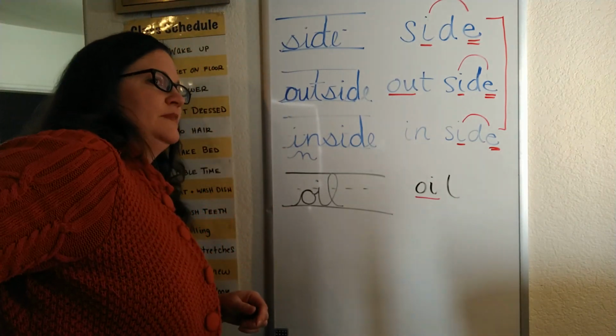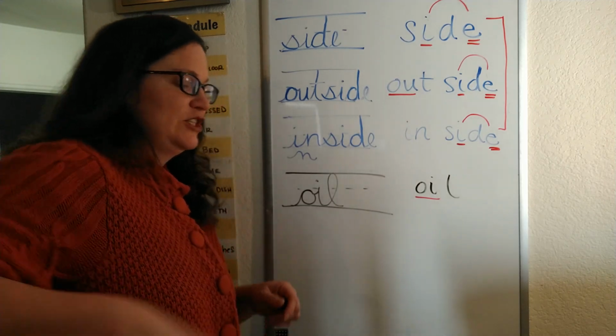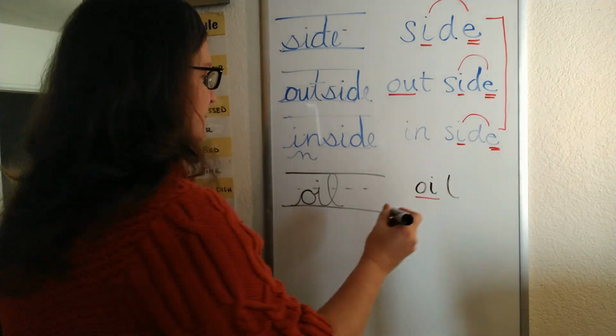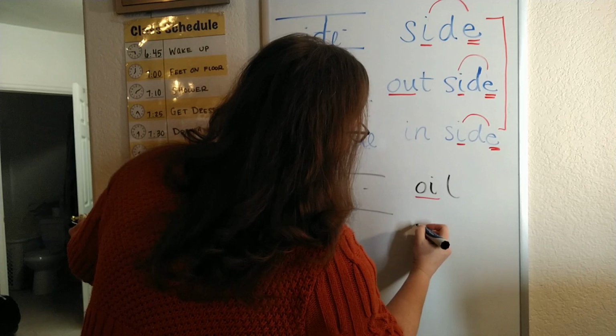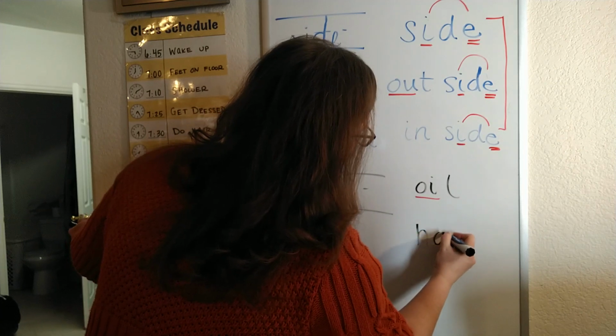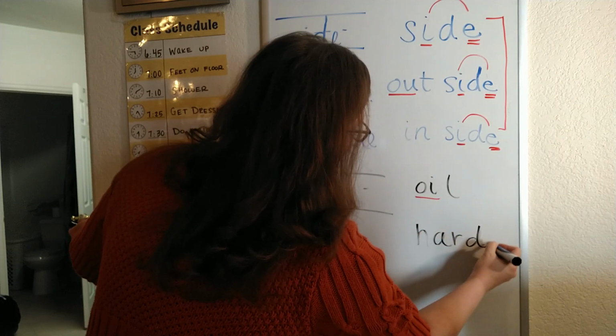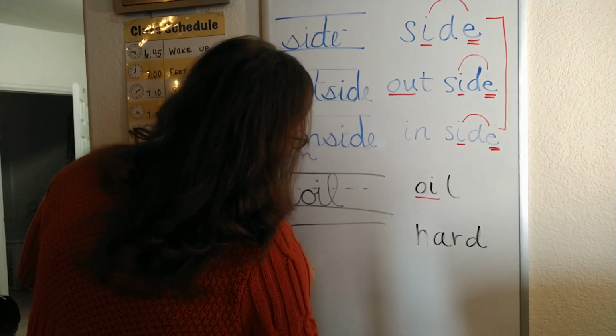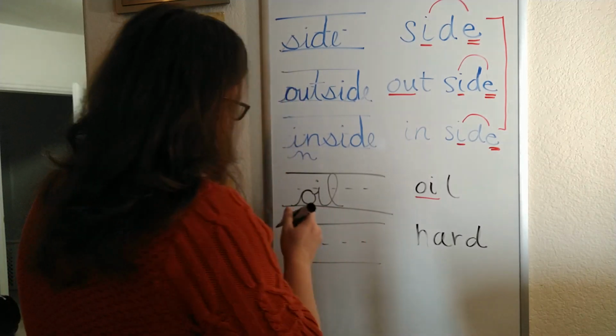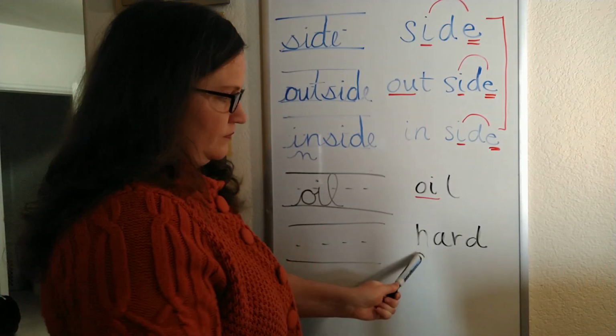Duh. Not duh. D. It's a short one. You're not doing hard. Okay, sound out for me. R. D. Good. What markings? Underline an R sound.